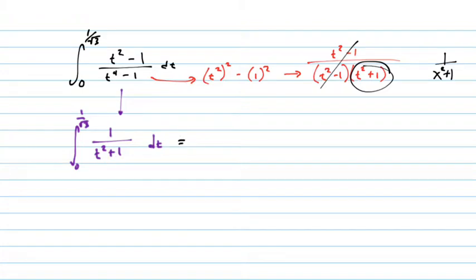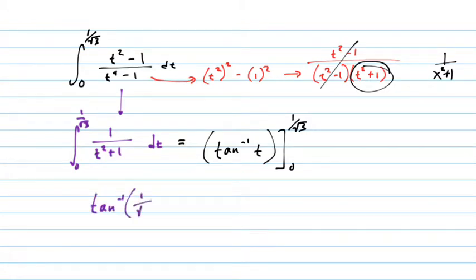And as I already mentioned, that antiderivative is tan inverse of x, or of t in this case, sorry. And we're going to evaluate from 0 to 1 over radical 3. So we're taking tan inverse of 1 over radical 3 and subtracting tan inverse of 0.